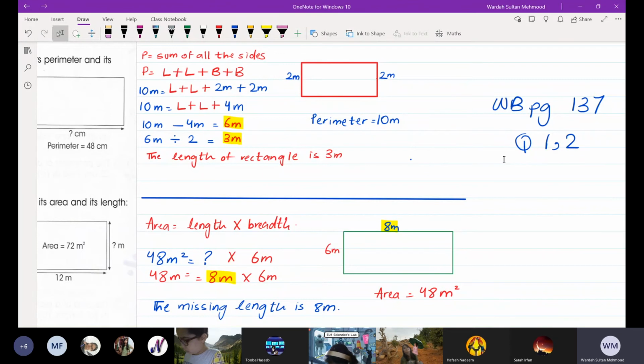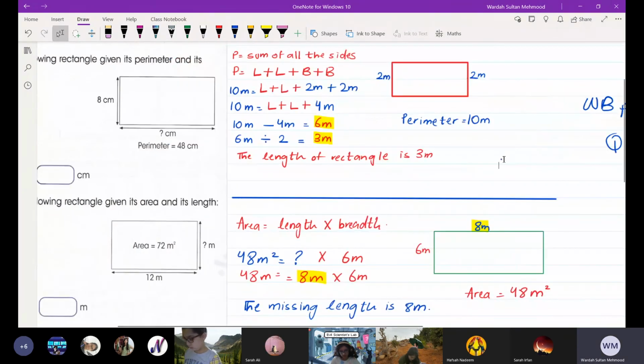It's written on the screen as well. Teacher, we have to do B by itself.